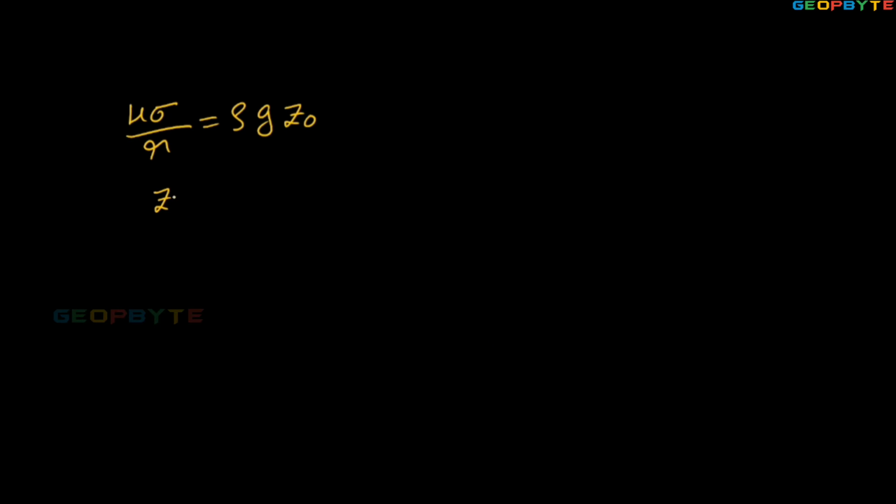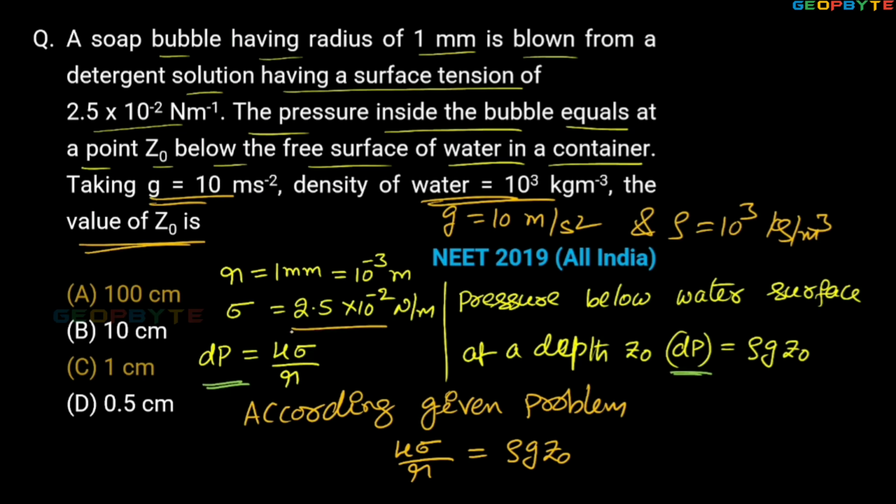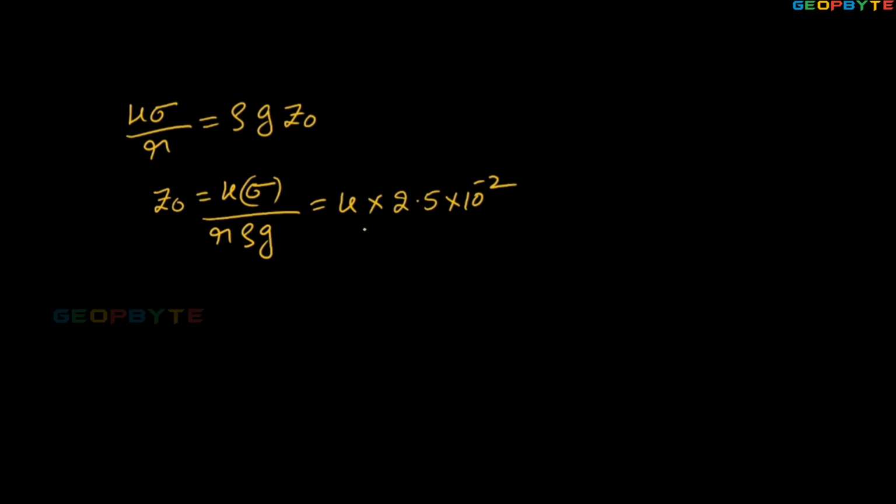So Z naught equals 4 into sigma by R into rho into G. 4 into sigma, given as 2.5 into 10 power minus 2, divided by R value 10 power minus 3 meters, rho value 10 power 3 kg per meter cube, and G 10.